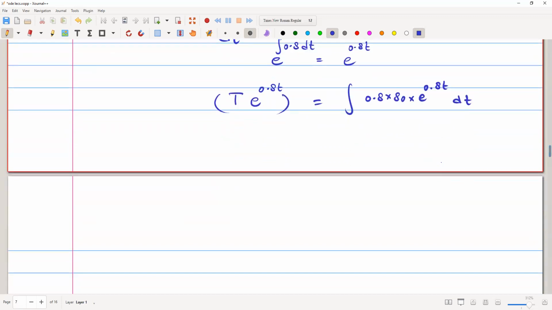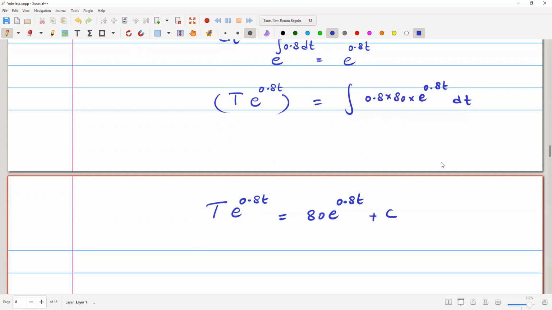Now this will be T e to the power 0.8t equals 80 times e to the power 0.8t, because after integration this 0.8 and this 0.8 will cancel out, because you know that the integral of an exponential is the exponential itself, divided by the derivative of the power, right?